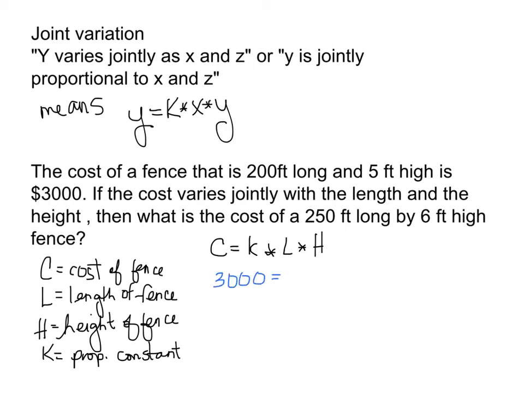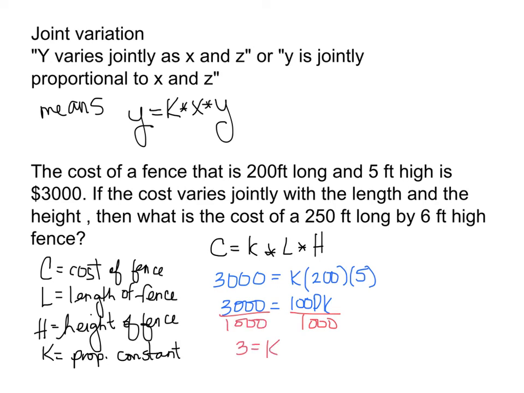So 3,000 is equal to k times 200 times 5, or 3,000 is equal to 1,000k. So we would divide each side by 1,000, and we'd get 3 is equal to k. That means our specific equation is the cost is equal to 3LH.